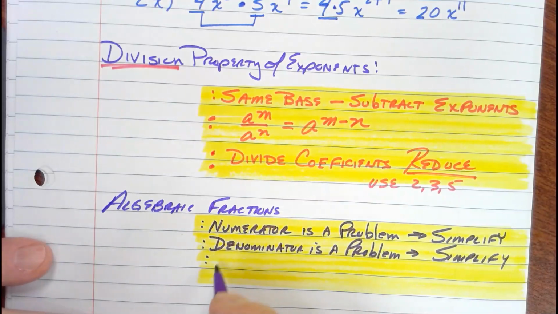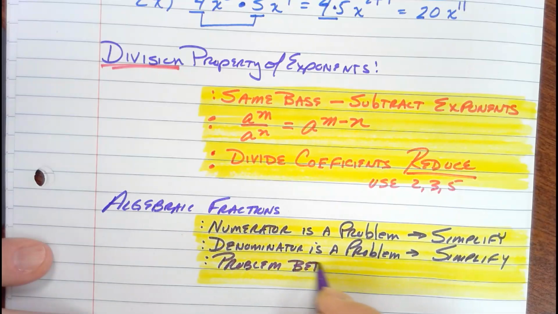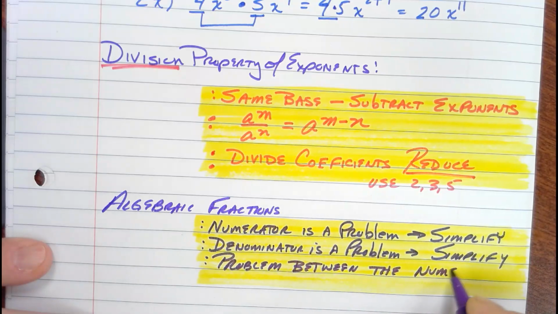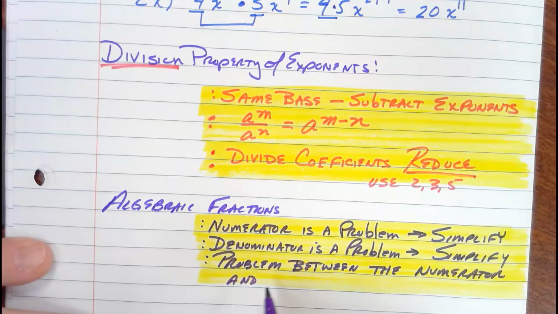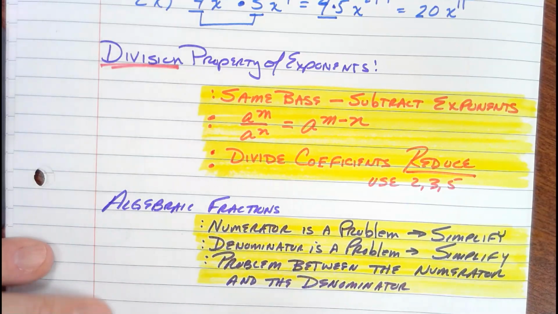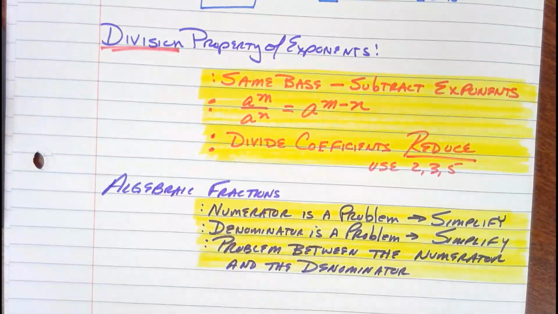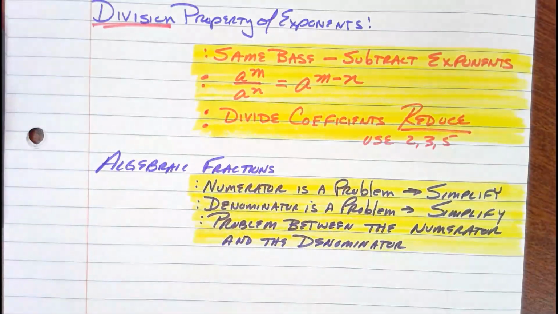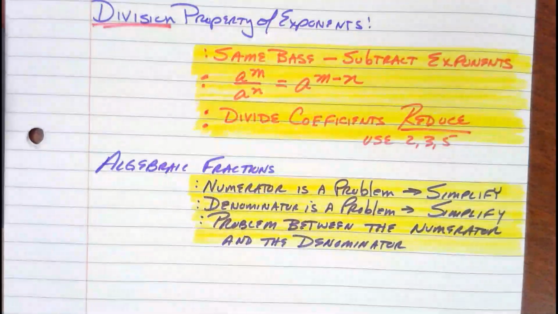Then there is a problem between the numerator and the denominator. Okay? And again, as I said, there is a little bit of information and lots of examples today. Lots of examples.